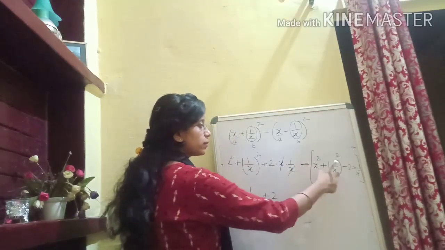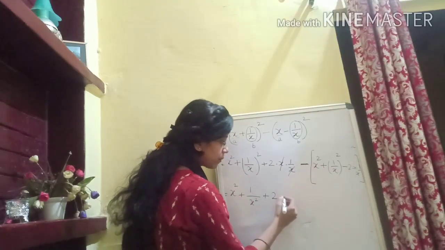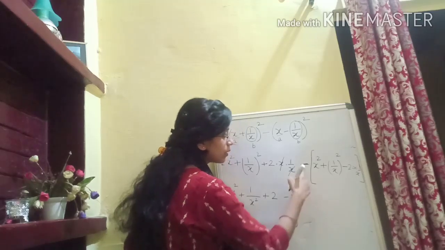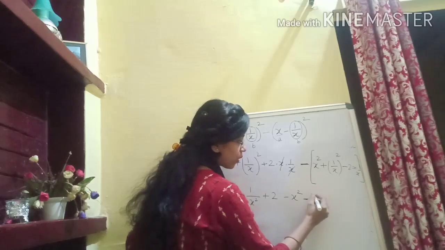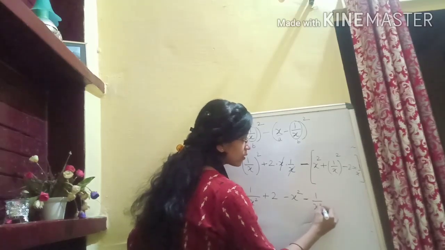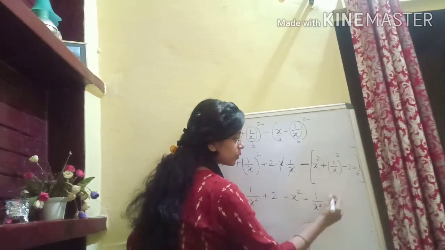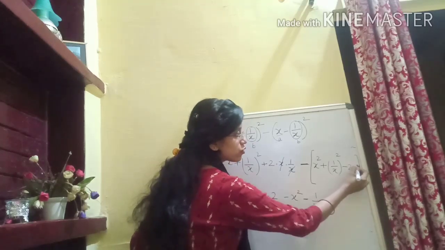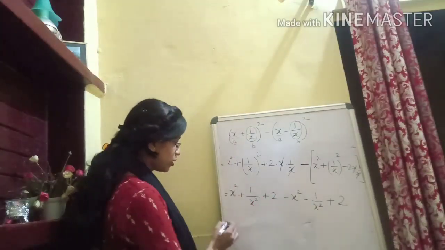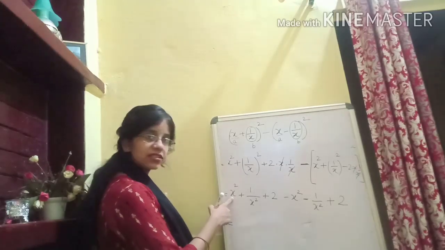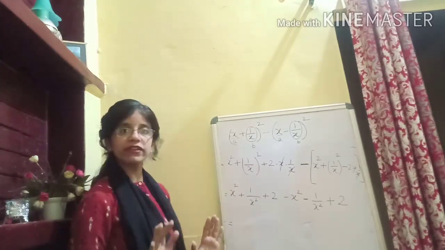So I am going to open the bracket with the minus sign. Now this will be minus x² plus minus minus 1/x². Now this minus and minus will become plus, and also we can cancel x and x, so it will be simply plus 2.